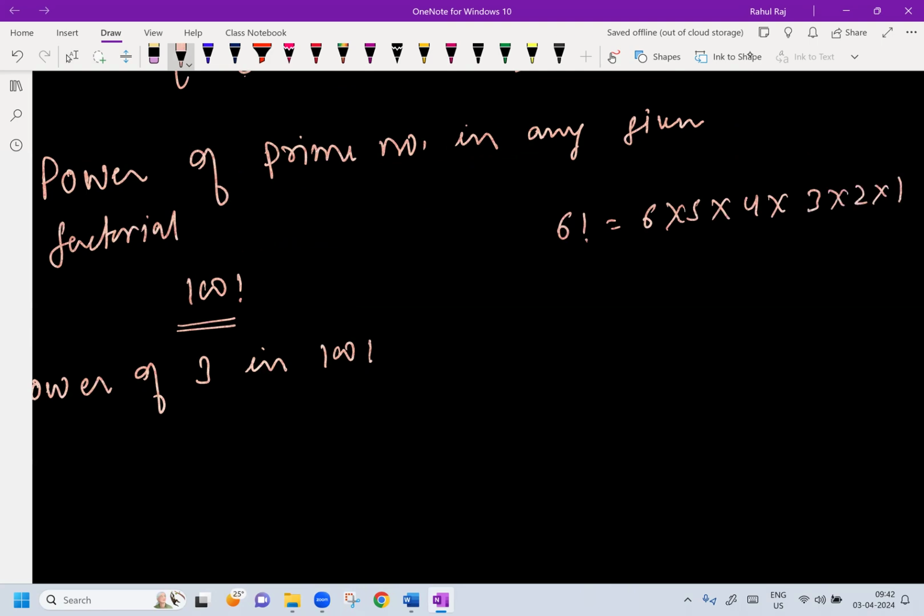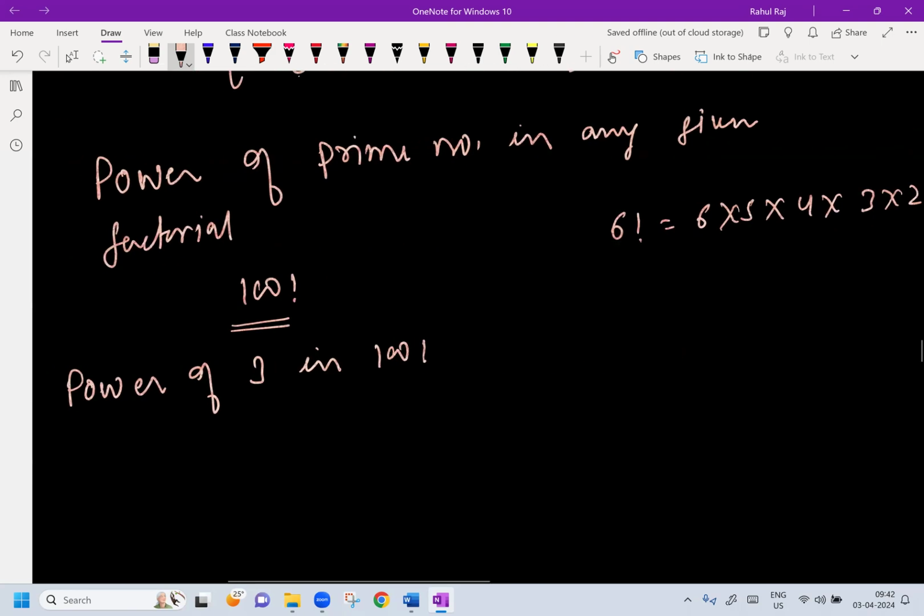If I ask you what is the power of 3 in 6 factorial, what would be your answer? Power of 3 means how many threes are there in 6 factorial? You're asking how many threes, or how many zeros? How many threes. Then do you use this? I don't know, because here you've used 5 and you've not told me why. No, you leave that 5.